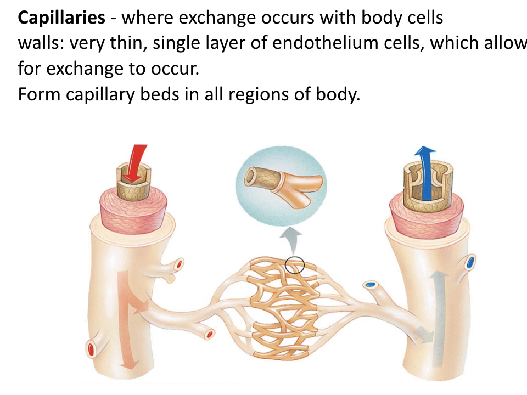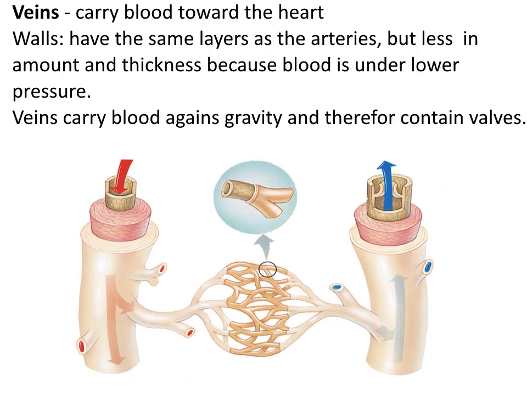Once the exchange has happened from the capillary beds, the vessels will come together into venules and then reach what are called veins. So veins carry blood back to the heart, whereas arteries carry blood away from the heart. Veins carry blood back to the heart.